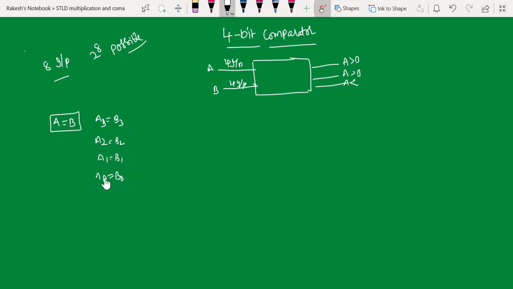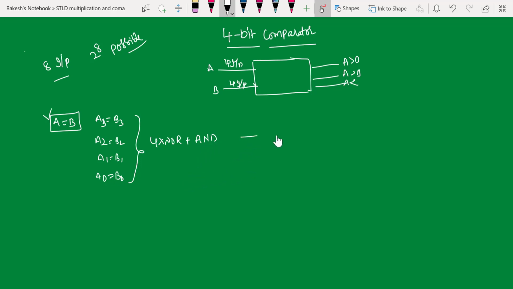If I want to produce output A equals to B, I am supposed to have A3 equals to B3 and A2 equals to B2, A1 equals B1, A0 equals B0. That means you can take 4 XNOR gates plus 1 AND gate and you can produce the output.